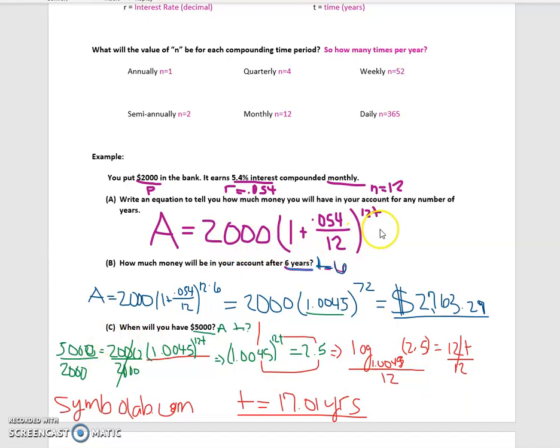If you graph this equation and you make a table and you go to t equals 6, it will give you this value. If you graph this equation and you go to y equals 5,000, it will give you this as your x value. So you can check yourself by graphing, but I do want you guys to solve it.